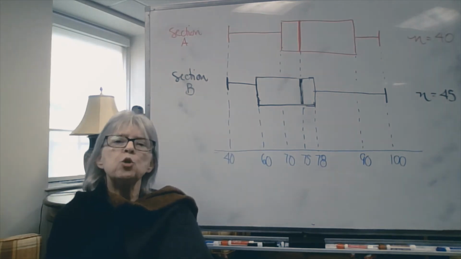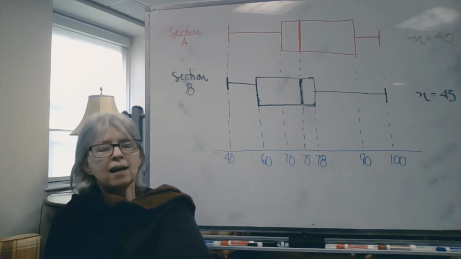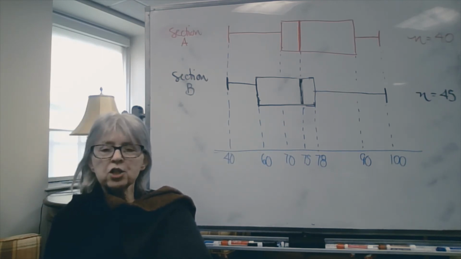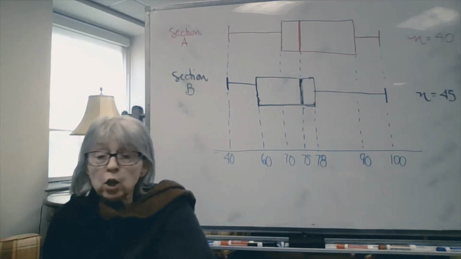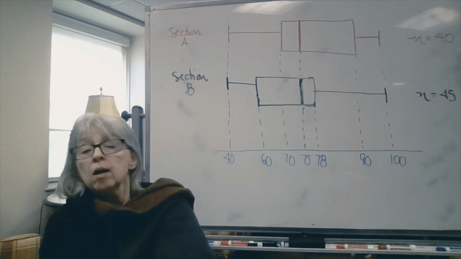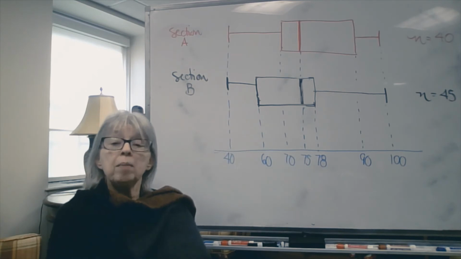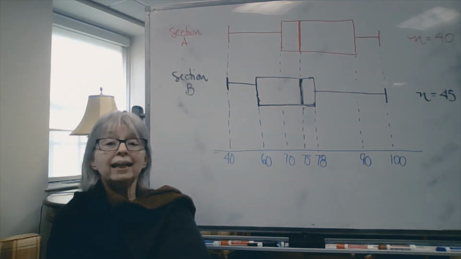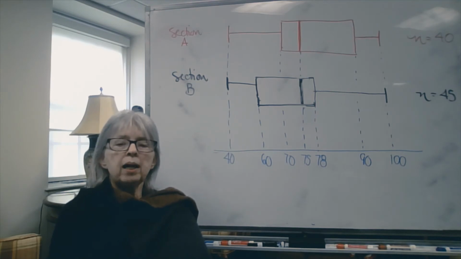There might be some unusual scores over there on the left side of the box for Section A that pulled the mean down below 75. Do I know what the mean is? No, but I know the mean is less than 75 because I know my data set is skewed left because I have a long tail in my box plot on the left.